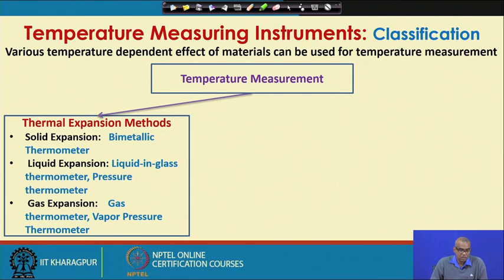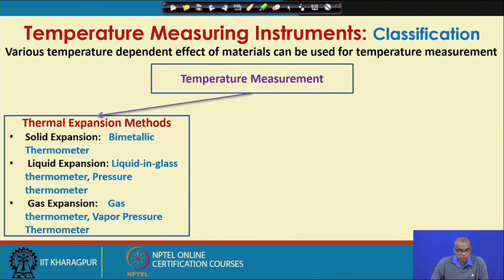So, normally a solid will expand when you supply heat, so does liquid and gas, and if this happens reproducibly, this can be considered as a means of temperature measurement. So, by measuring the change in dimension of a solid material, it may be possible to measure the temperature.